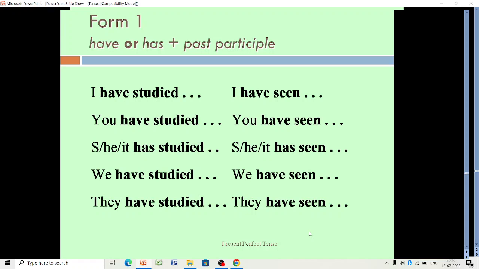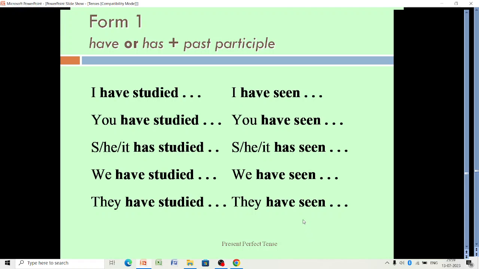Only he, she, it take has. The remaining, I, we, you, they, take have. So singular subject takes has, plural subject takes have. I is exempted from this rule.